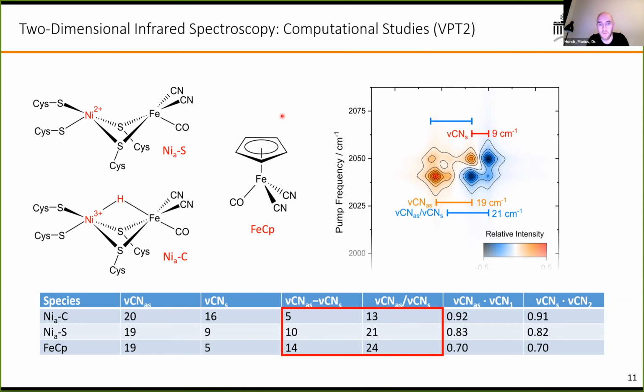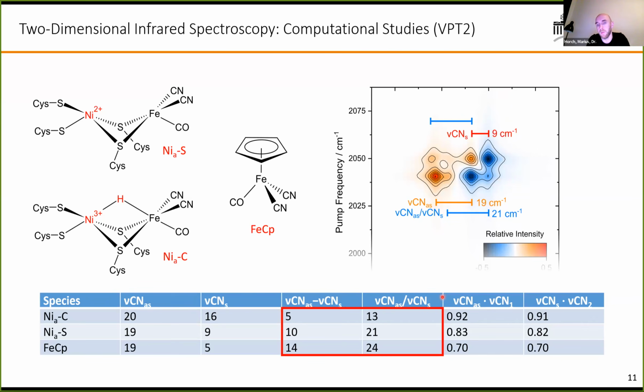The first thing you can see is that these values are obviously not the same for the three different models we are looking at. There's a clear correlation between them, which tells us that both the difference in anharmonicities and the coupling of the two vibrational modes are a measure for the interaction between the two cyanide stretching vibrations.